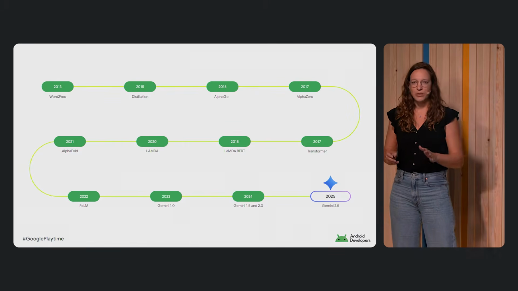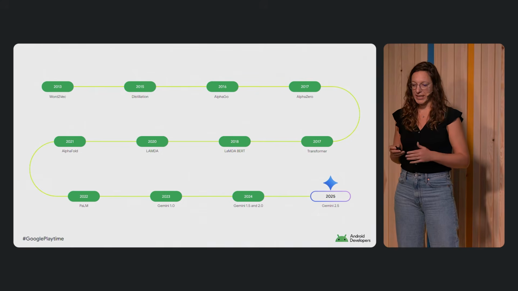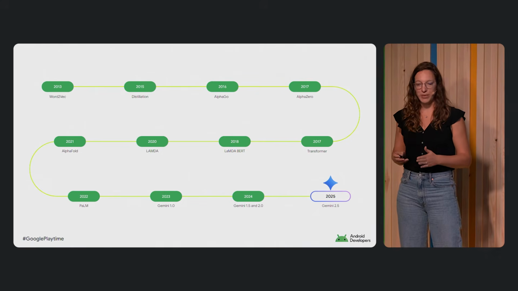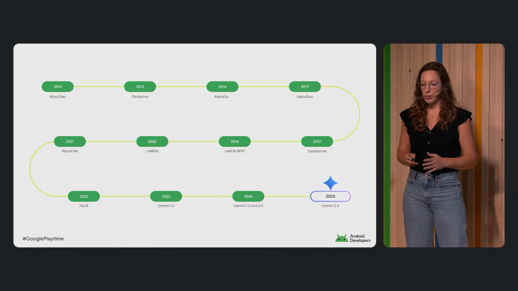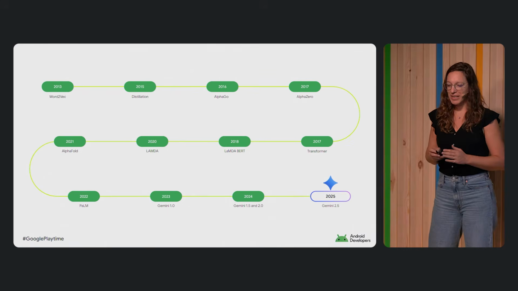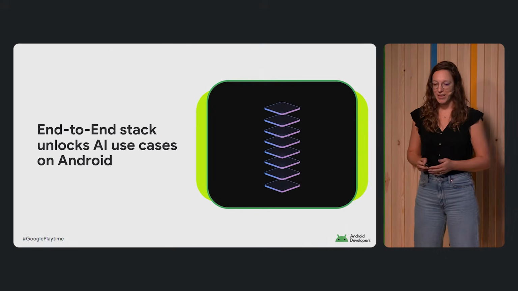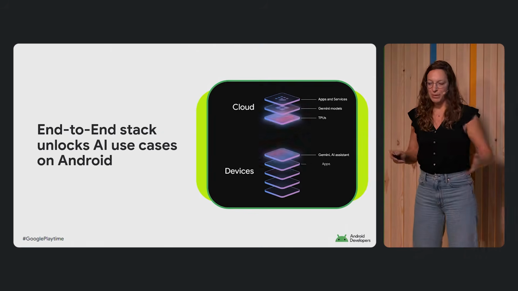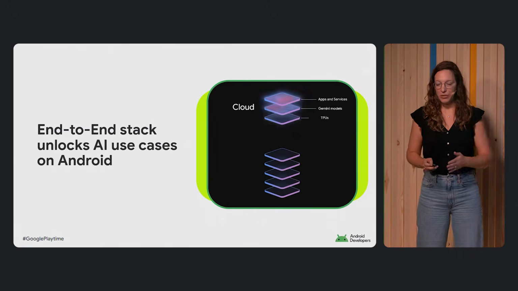Now, Google is positioned quite strongly in this new AI world. We have been investing in AI for over a decade, and today we stand firmly in the Gemini era, with our latest and most capable model, 2.5 Pro, leading the way. This investment allows us to offer you, the developer, unparalleled power. The key to enabling these advanced use cases is that we have an end to end stack.